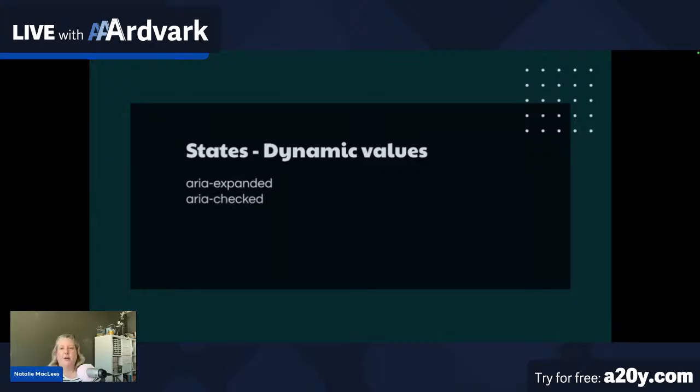The next one is ARIA checked. So if we're making some kind of a replacement for radio buttons or checkboxes, we would want to use ARIA checked so that we can indicate whether or not it should actually be in the checked or selected state. And this one is an exception. We have true, false, but we also have mixed.